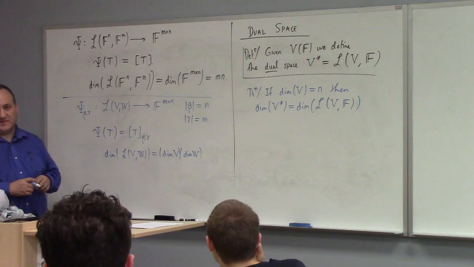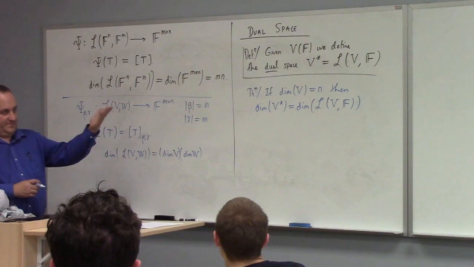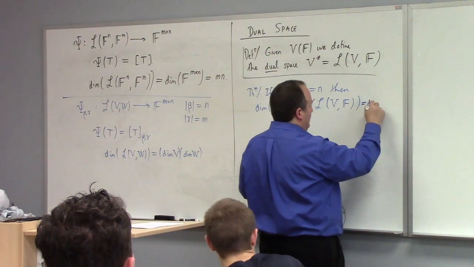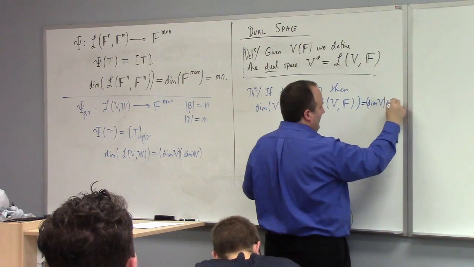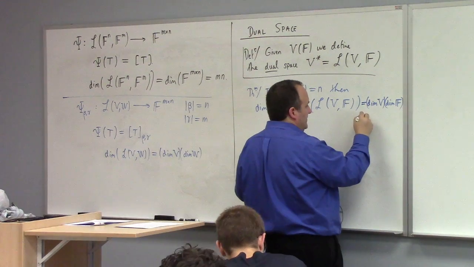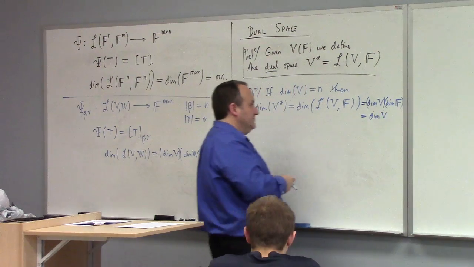So F is a one-dimensional vector space over F. So applying what I just wrote, this is the dimension of V times the dimension of F, so that's just the dimension of V, because the dimension of F is 1.